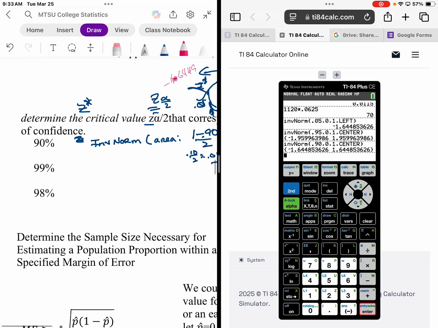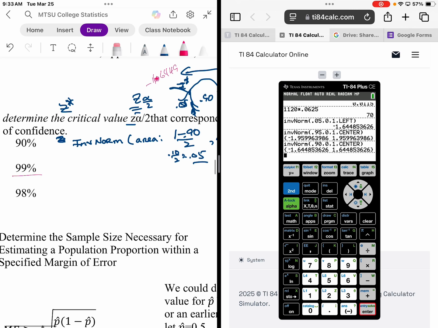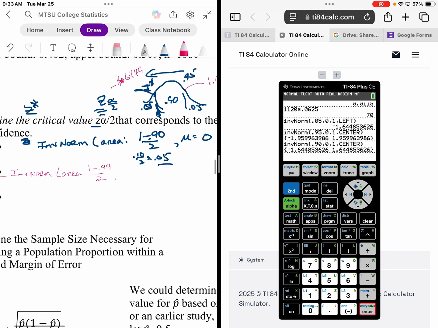All right, so let's get some practice on the 99. Again, I'm going to do it in case you don't have my newer version of the calculator. So I'm going to do an inverse norm. My area is 1 minus 0.99 divided by 2. My mean is 0. My standard deviation is 1. So that would be 0.01 divided by 2, which is 0.005.